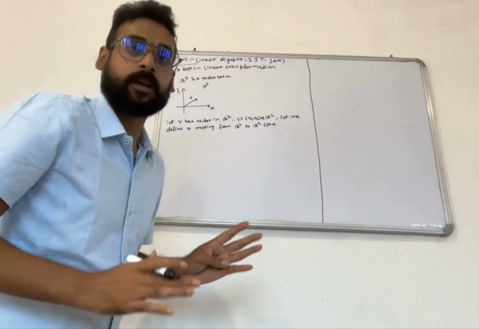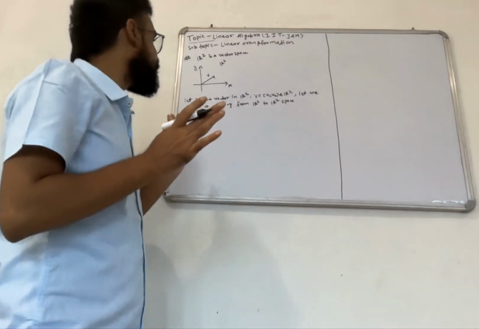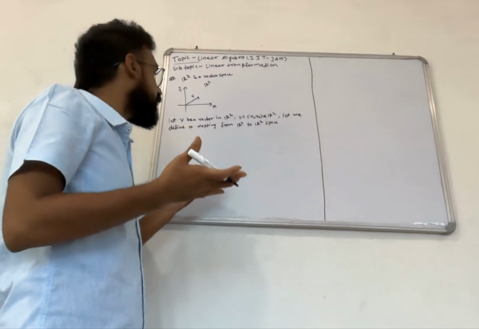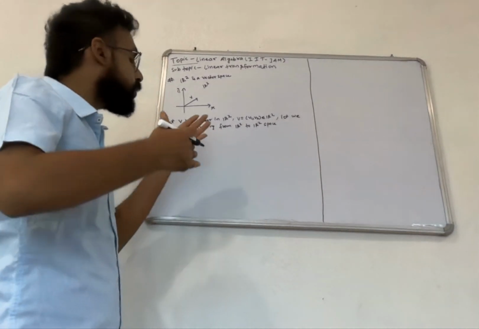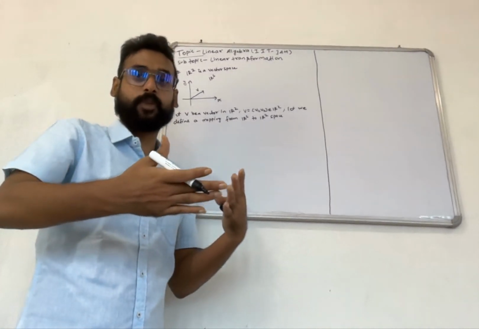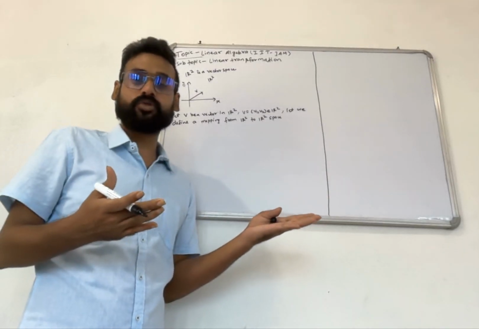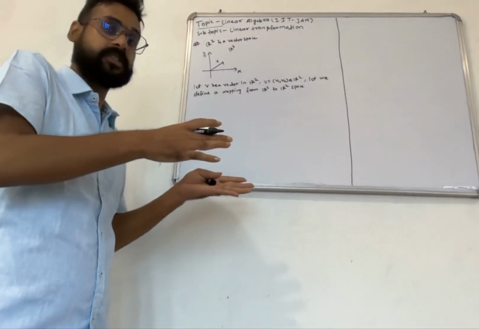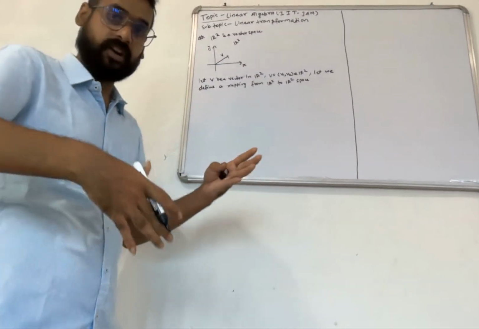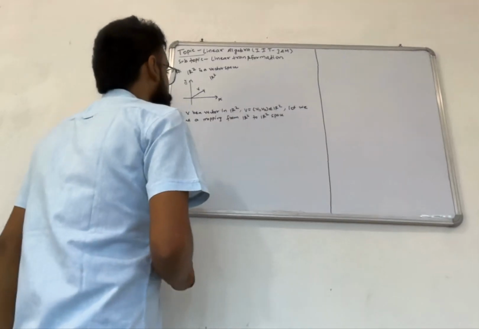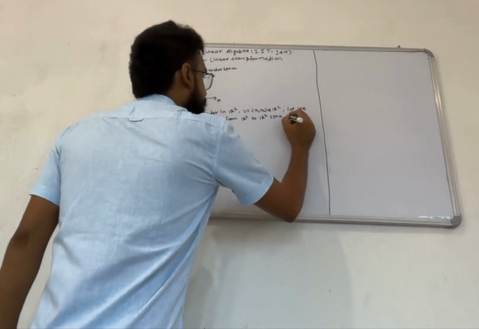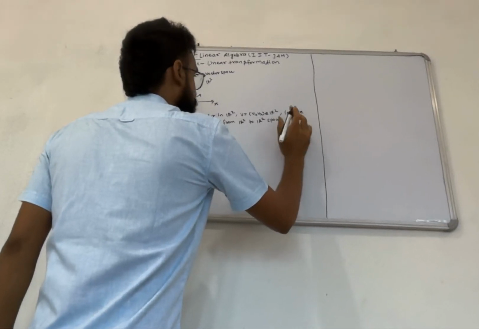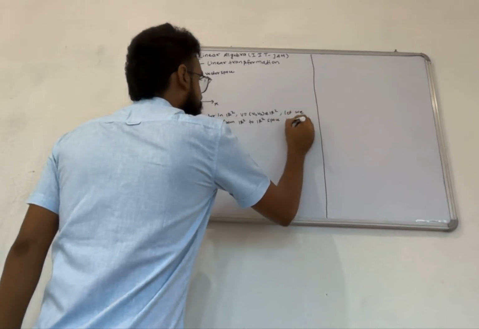Firstly we are going to define a mapping from the same space to the same space. After some time we will see we can define a mapping from one space to another space, not the same space. We define a mapping by T.